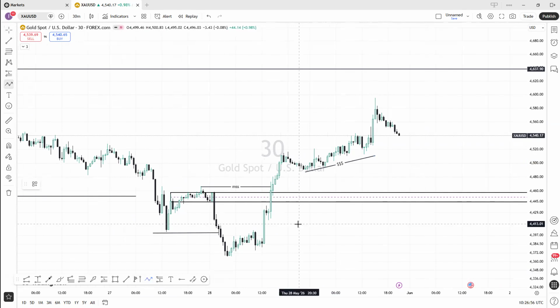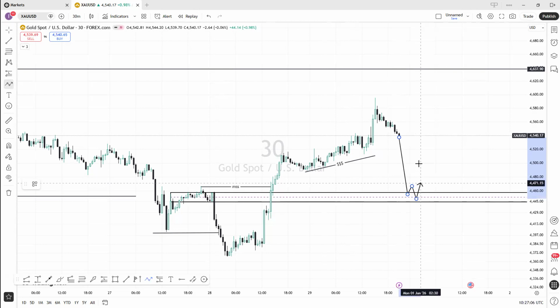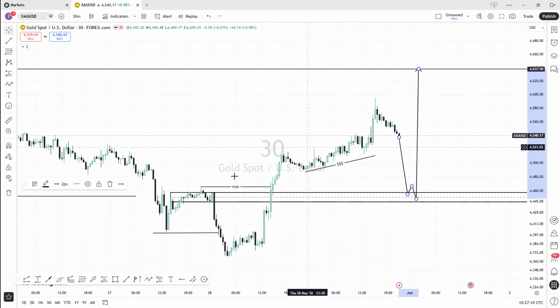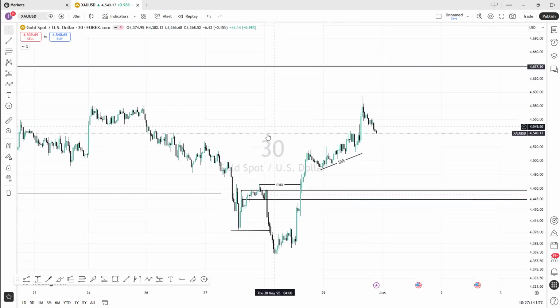So when it drops to clear this liquidity, after liquidity sweep, we'll wait for a shift around this breaker block, and then we'll find buys from this point. Very simple, very clear.